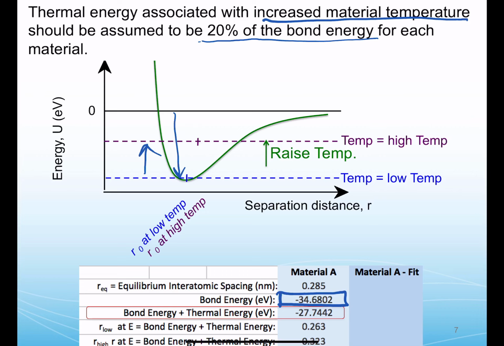So our new energy value, U, at some temperature condition is going to equal the U of equilibrium, so that's the minimum. That'll be a negative value, plus the absolute value of 0.2, 20%, times that U equilibrium.